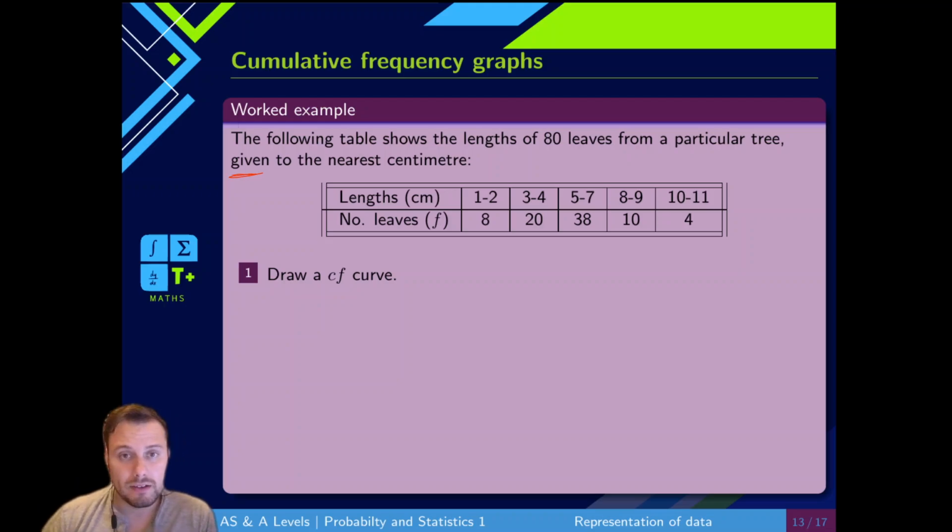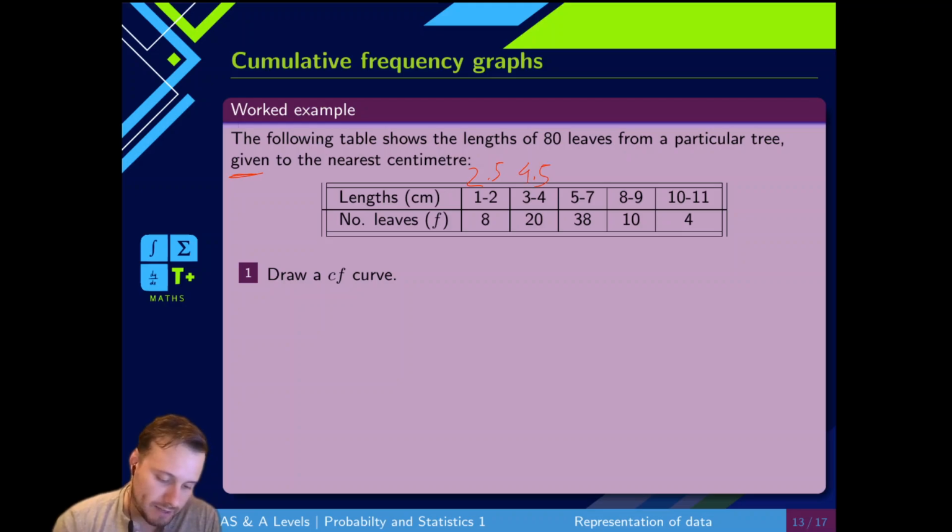From there, we want the upper boundaries, because we're going to plot against the upper boundary. The upper boundary for the first is 2.5, for the second 4.5, then 7.5, then 9.5, and here 11.5. These are our upper boundaries.